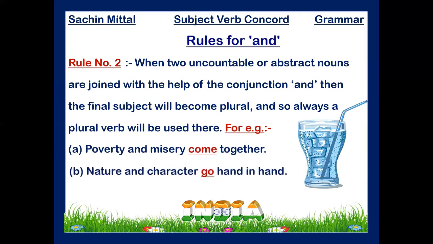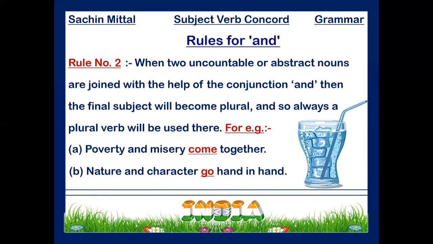Very good. For example, poverty and misery come together. Poverty, that is garibi, and misery, that is dukh. So what this sentence says is कि गरीबी और दुख साथ साथ आते हैं. So when we have joined poverty and misery with and, the final subject has become plural. So we used the first form of the verb, which is used for plural subjects.